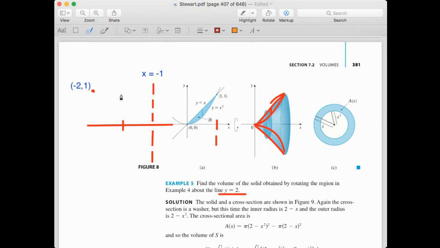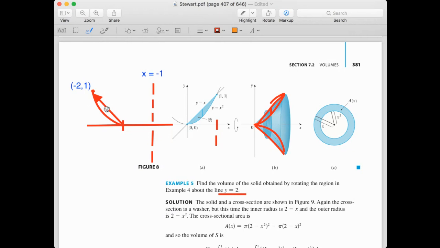So what is this piece? This piece I can draw like this. Just think this piece is perfectly symmetric to this piece, but the line of symmetry is x equals -1.